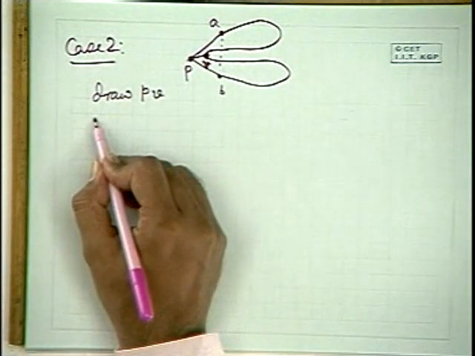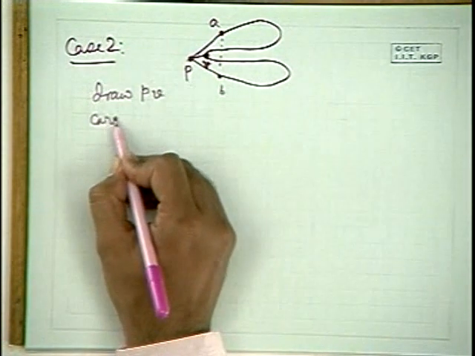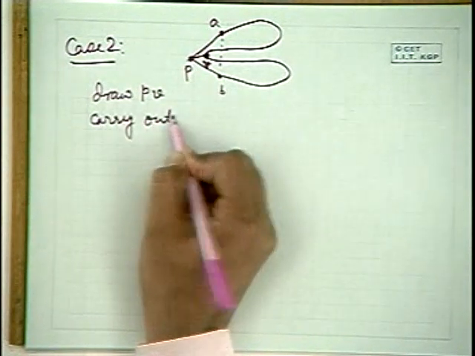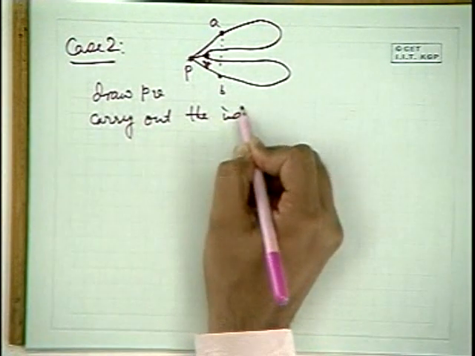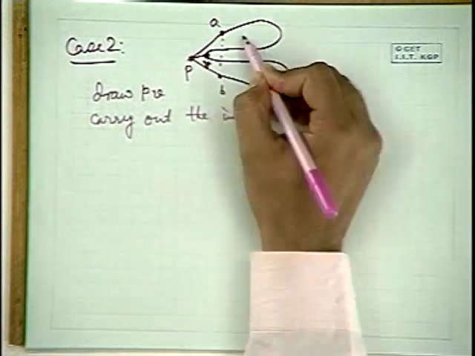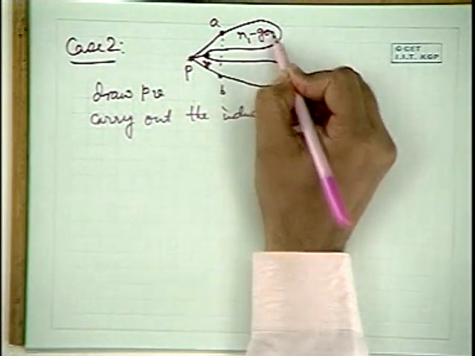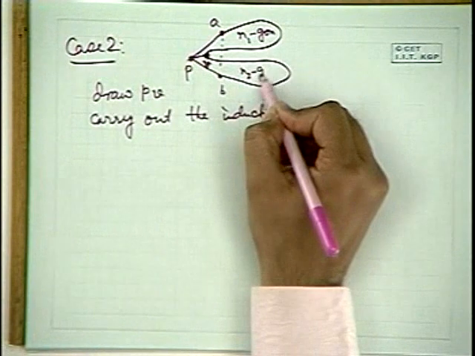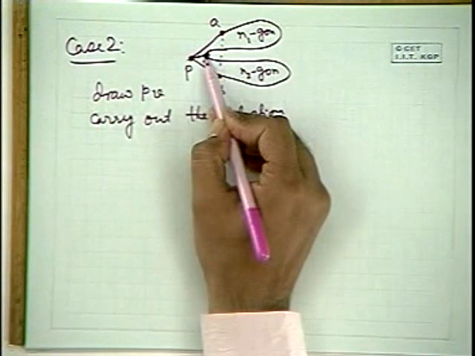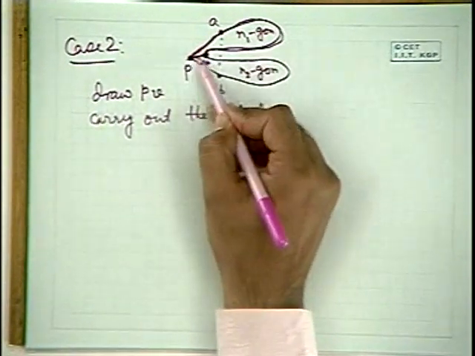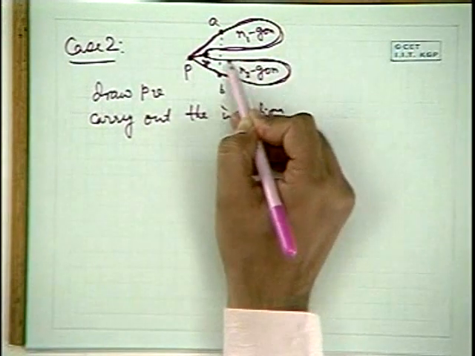and then you carry out the induction on this, say this one N1 gone, and this is say N2 gone. You have two polygons now. One part is here, another part here.